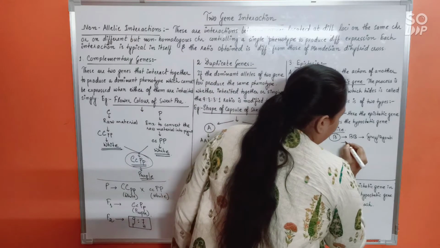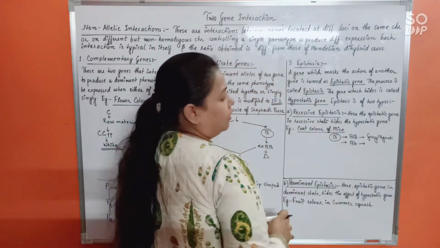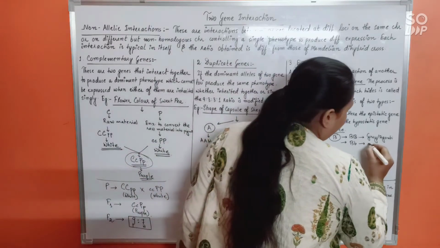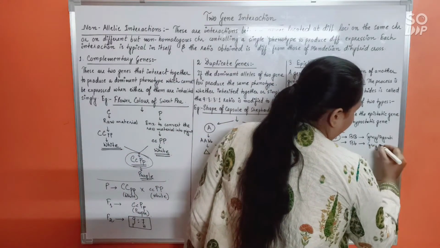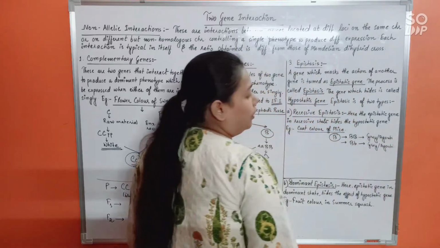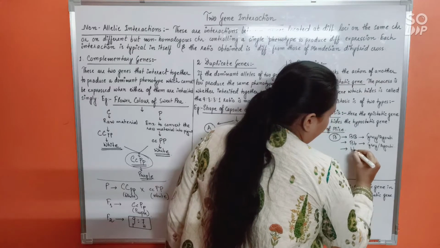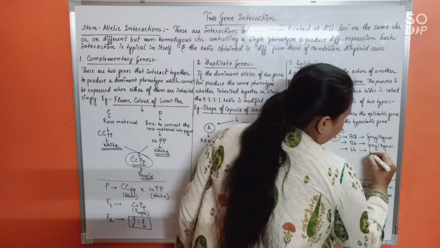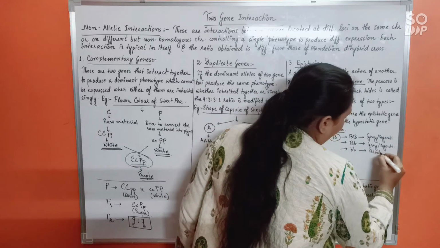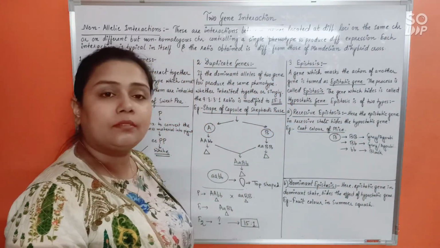If it is in the heterozygous state, capital B, small b, then also the color is the same, grey. If it is in this state, it is black. When gene B is in the recessive state, the color produced is black.